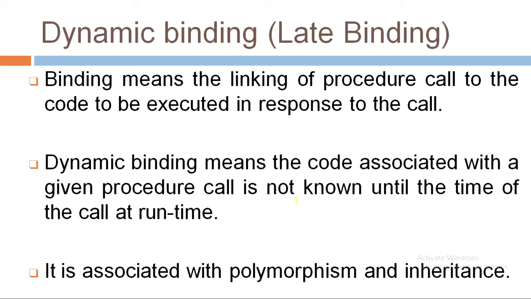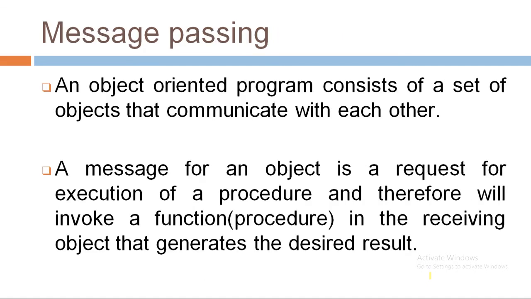So it is known as dynamic binding. We can say dynamic binding means the code associated with a given procedure call is not known until the time of call at runtime.